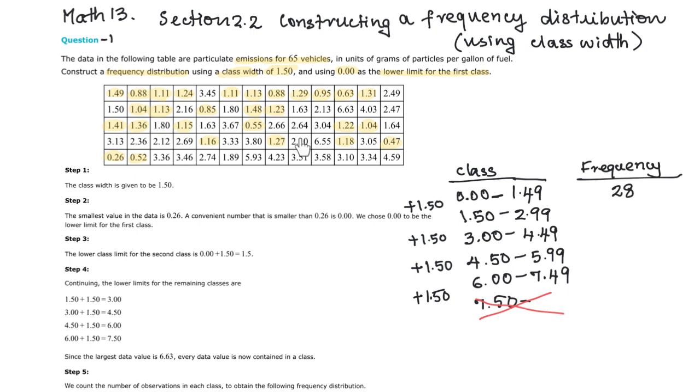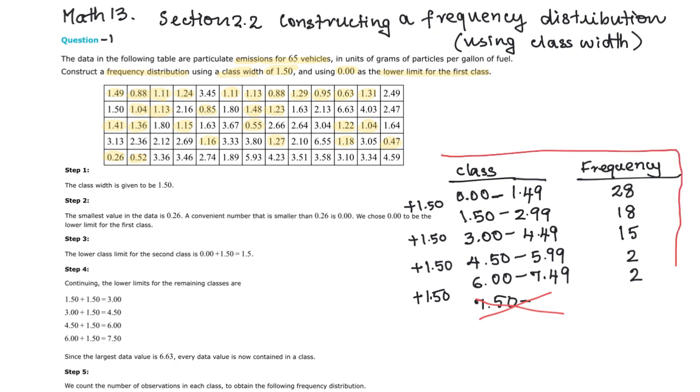Now look at how many of these numbers fall between these numbers, including the endpoints, and count those numbers. So there are 18 of the numbers from this data set that fall between these numbers. So the frequency of the second class is 18. Do the same procedure for the rest.